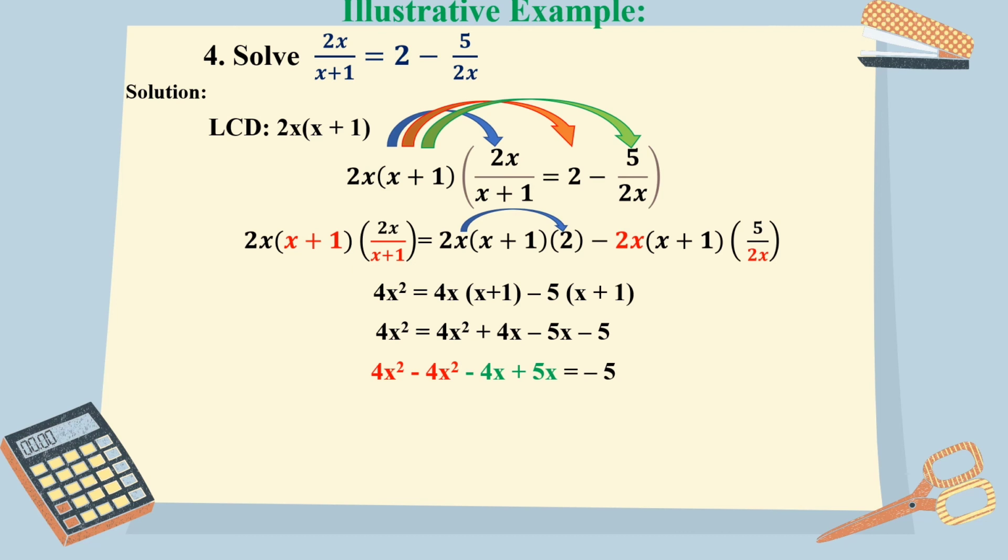As a result, we have 4x squared minus 4x squared minus 4x plus 5x is equal to negative 5. Okay, combine like terms. 4x squared minus 4x squared is 0, while negative 4x plus 5x is equal to x. And x is equal to negative 5. So the root for this equation is x is equal to negative 5.